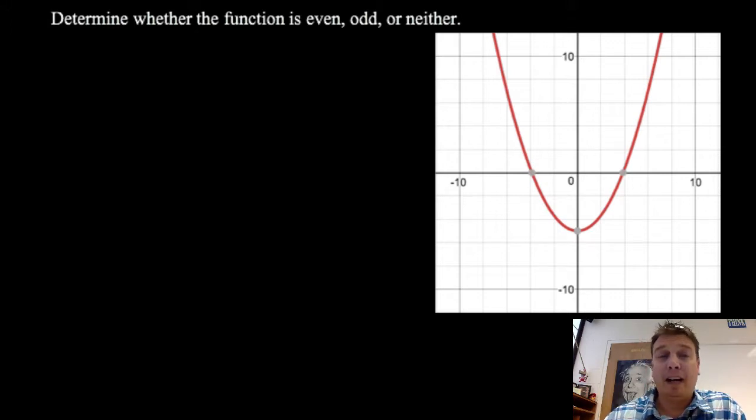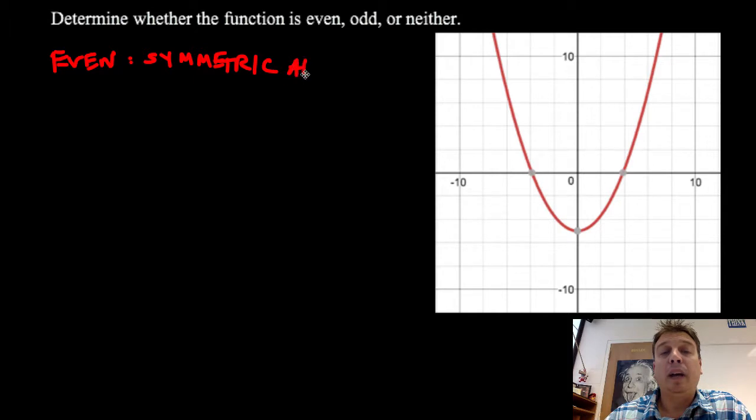From a graph, the way that we determine whether they are even, odd, or neither all comes down to what the graph looks like and its symmetry. For an even function, it's going to be symmetric about the y-axis.